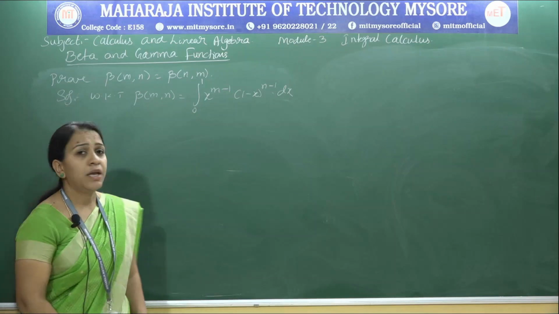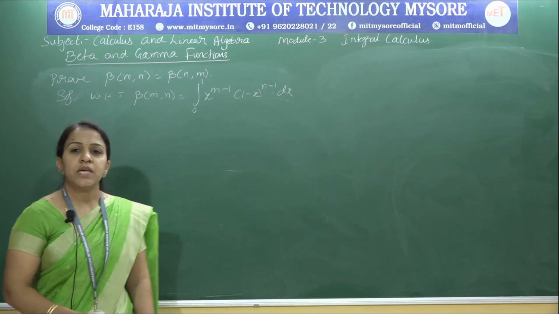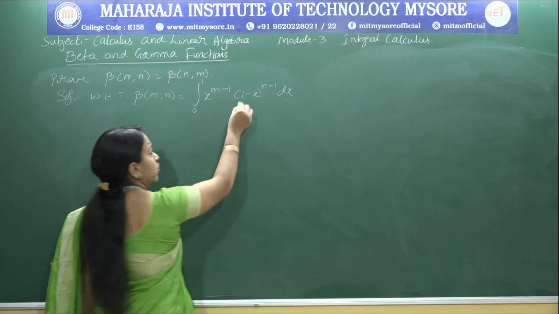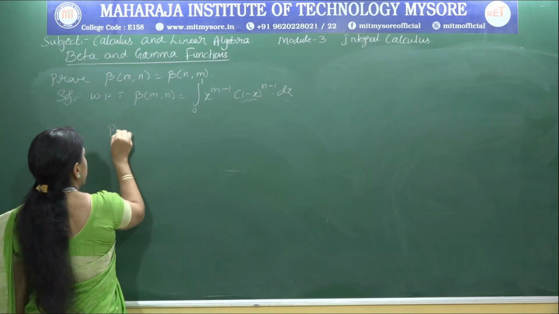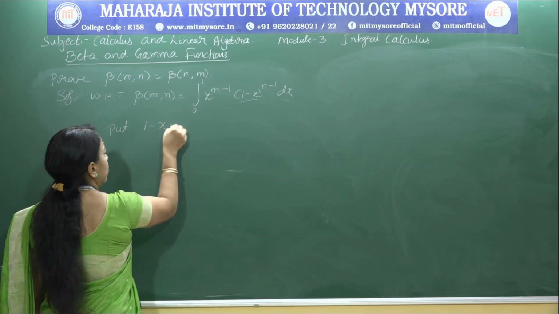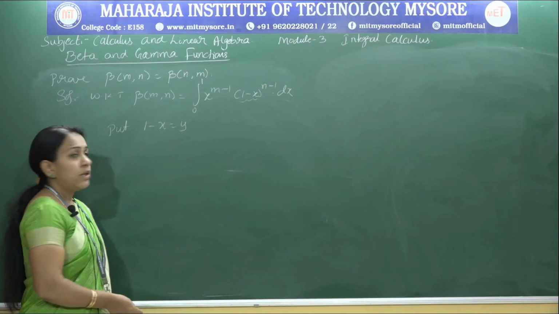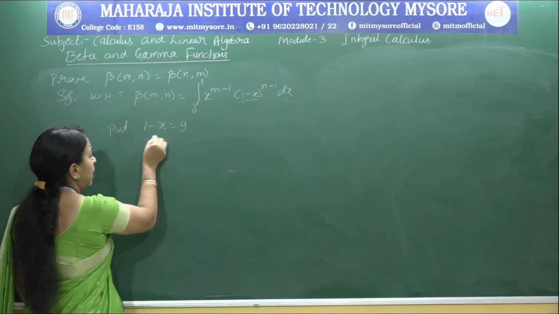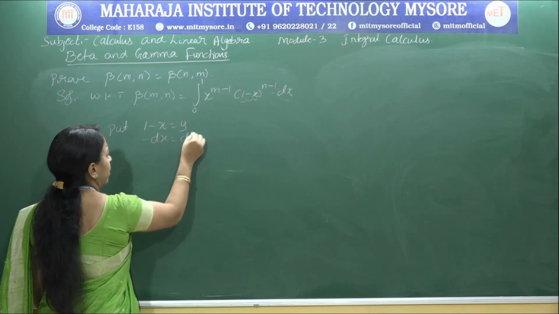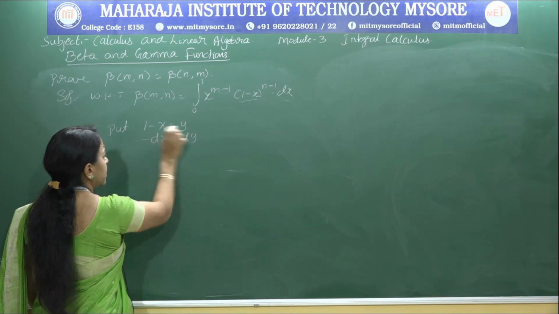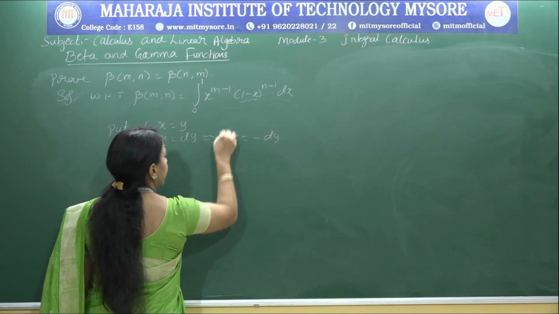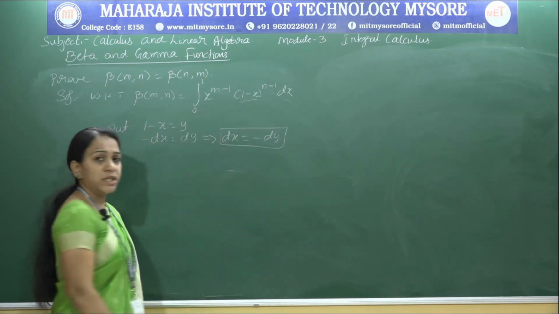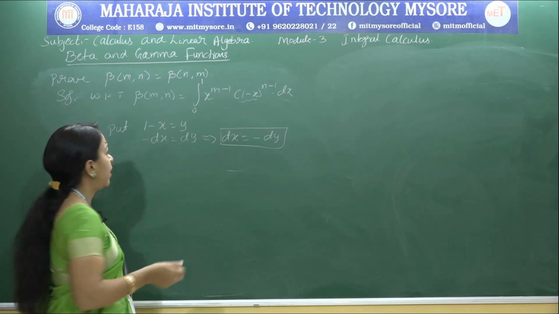So now in this I replace 1 minus x by y. Put 1 minus x equal to y. Then minus dx equal to dy, which implies dx is minus dy, and of course we have to change the limit of x in terms of y.